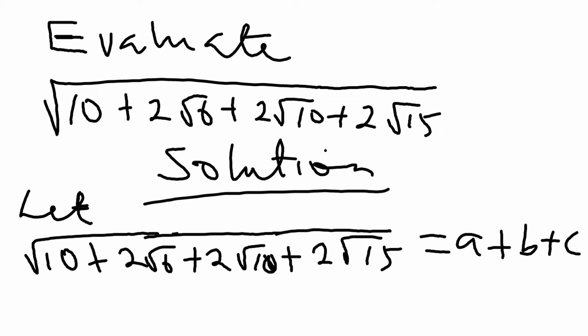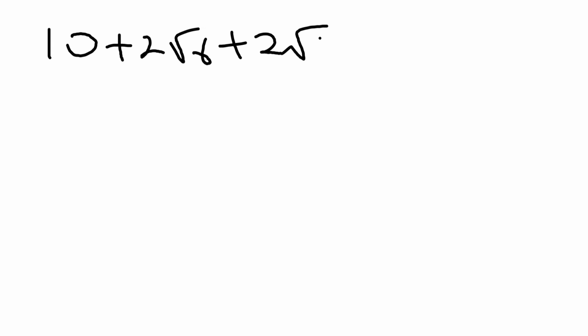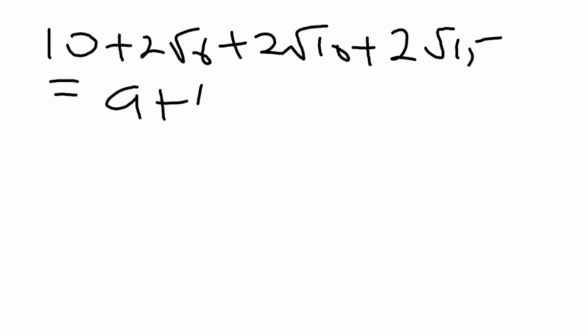Now let's continue. To remove the bigger square root, we have to square both sides. If you square both sides, we will have 10 plus 2 root 6 plus 2 root 10 plus 2 root 15 is equal to (a plus b plus c) all squared.